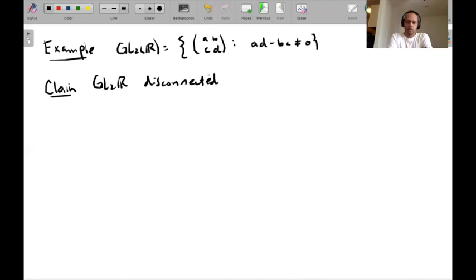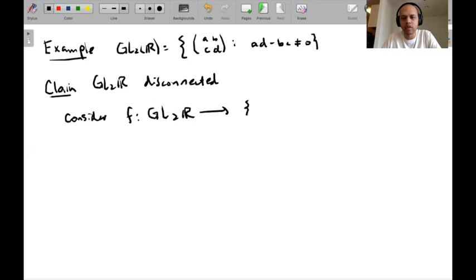And to prove this, I'm going to use the lemma. I'm going to give you a function. So consider a function. Let's take values in -1 and +1.